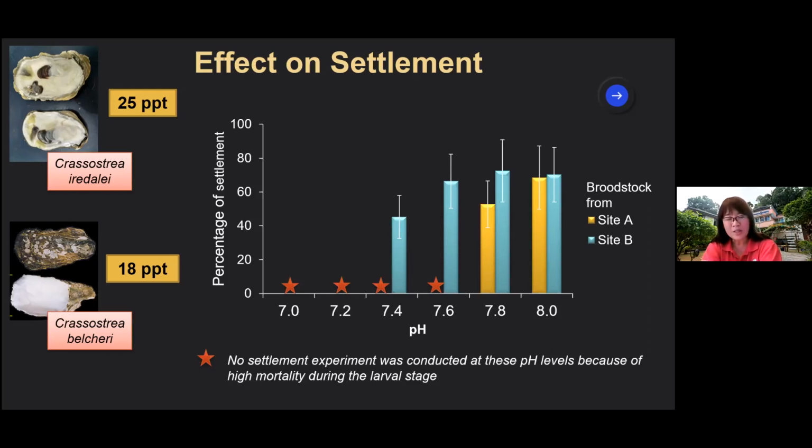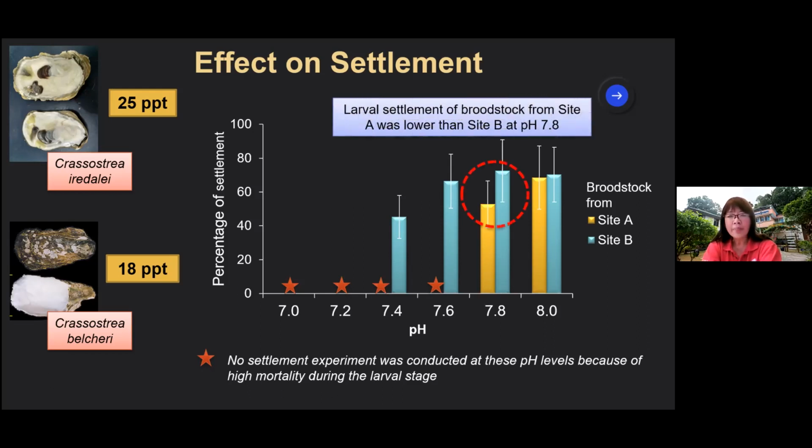If you look at the results, regardless of the pH being exposed to, you can see larval settlement of broodstock from site A was lower than site B at pH 7.8. Site A, remember, the pH acclimatized to is 8.3. Even during settlement, it would not give us good settlement performance compared to the larvae from the broodstock from site B, which is exposed to lower pH.